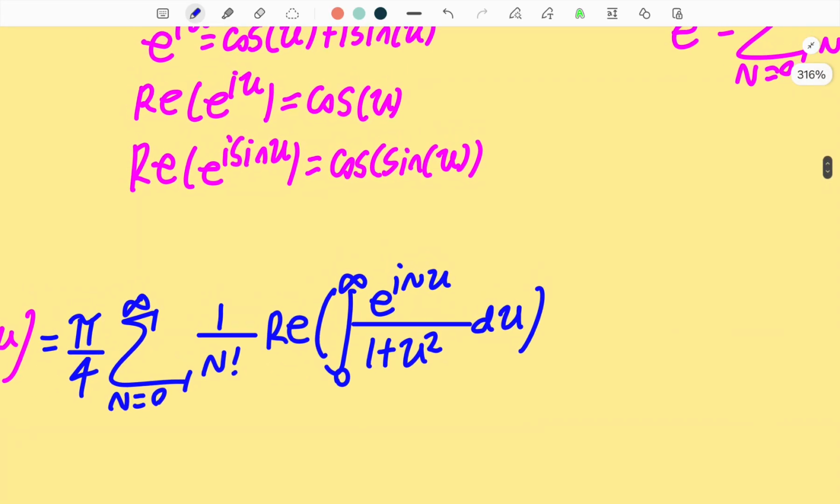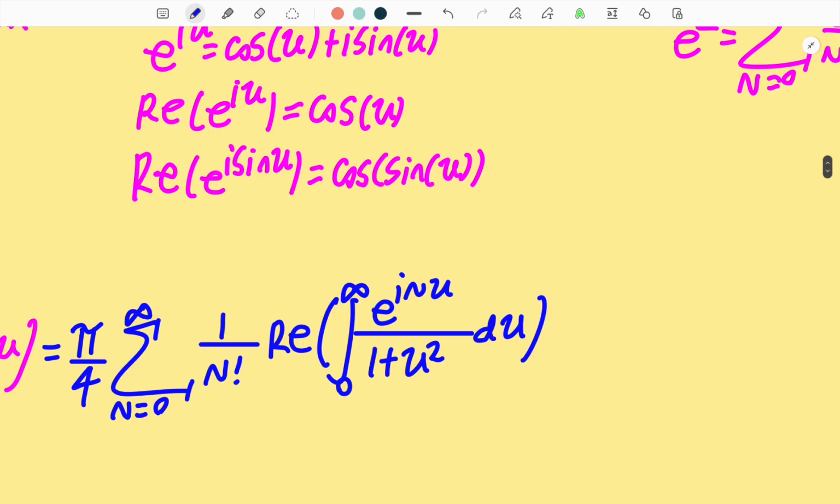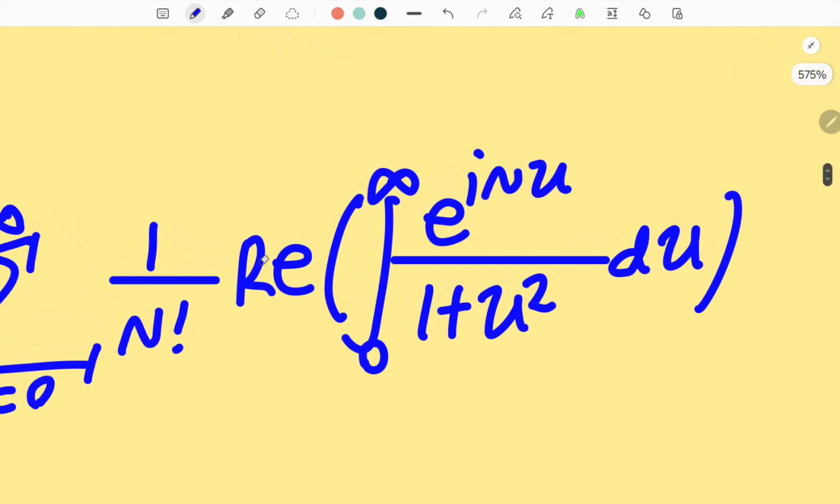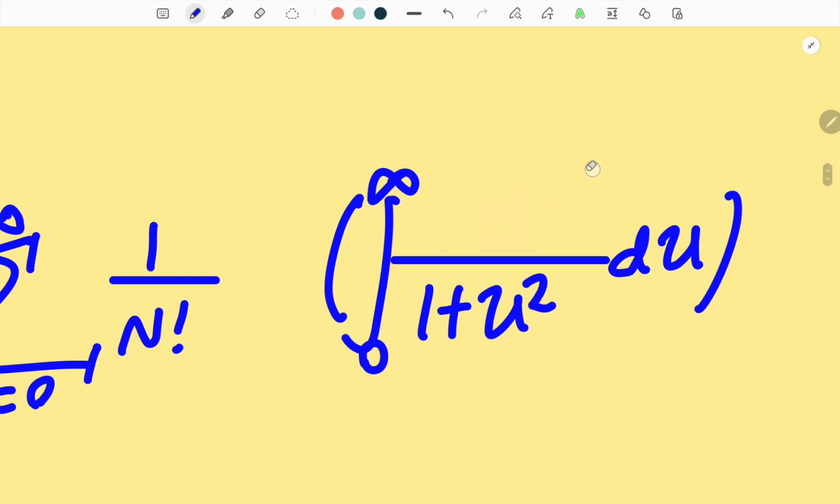So if we recall Euler's formula, the real part of e to the i u is going to be cosine of u. So in this case, if we let u go to n times u, therefore the real part of e to the i n u is just going to be cosine of n u.